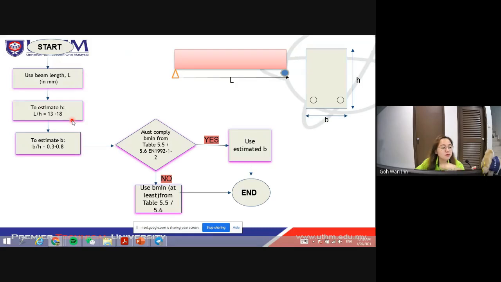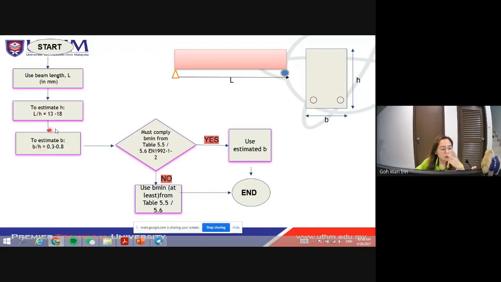It's acceptable. This is just a guidance for you to estimate it. You can take either 14 or 15 in the middle. Then you have the L, and you have the range, maybe you can put 14 or 15. Later you will have one example after this. So you can get the H, because there is only one unknown, right?